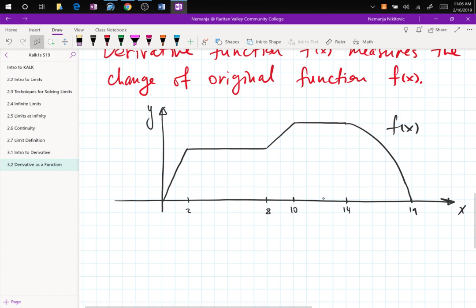I just drew random stuff and it worked out to end in 19 nicely, whatever. The question is, what is the derivative graph? So I have my f of x graph. What is the derivative graph?